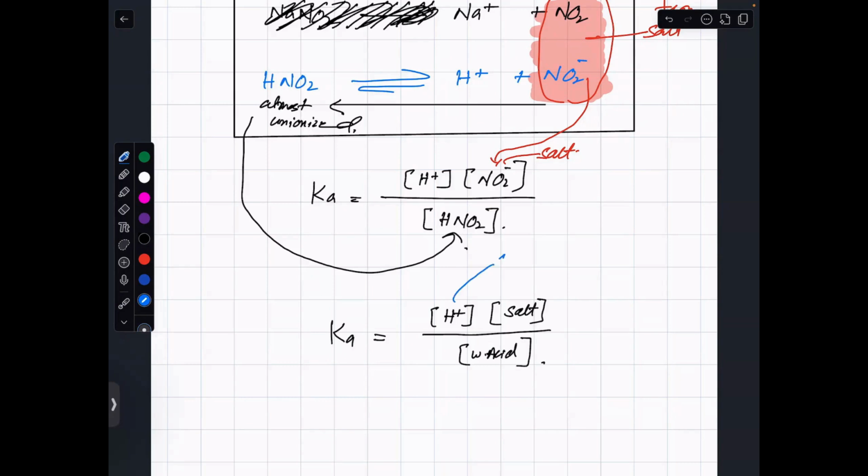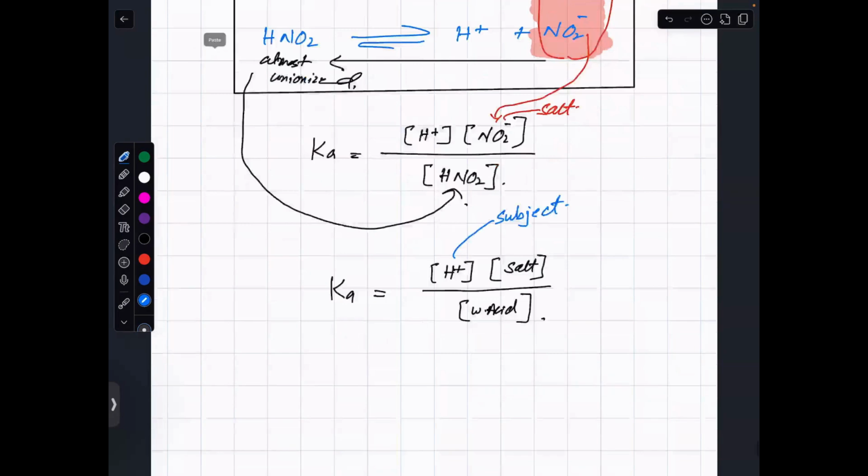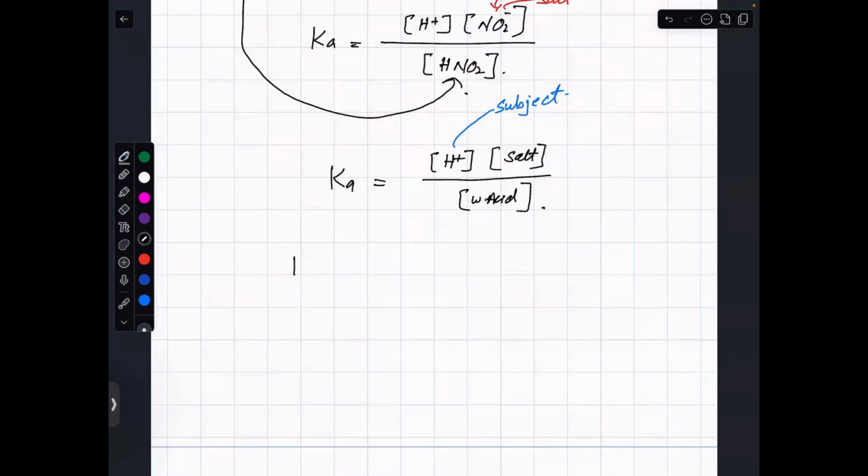If I make H plus the subject, it will change to Ka into weak acid over salt is equal to H plus.